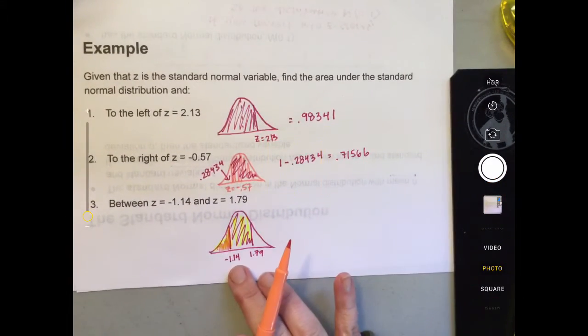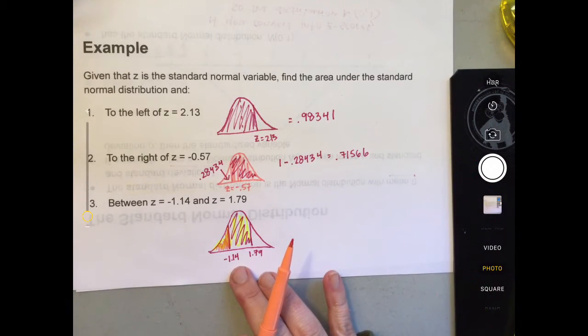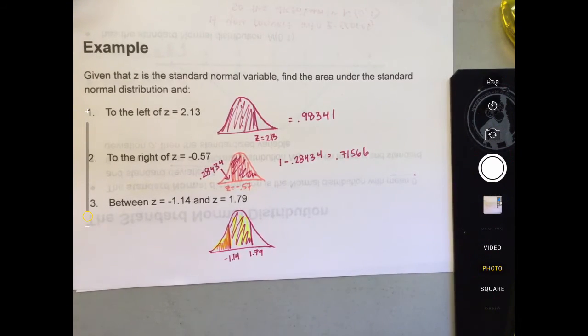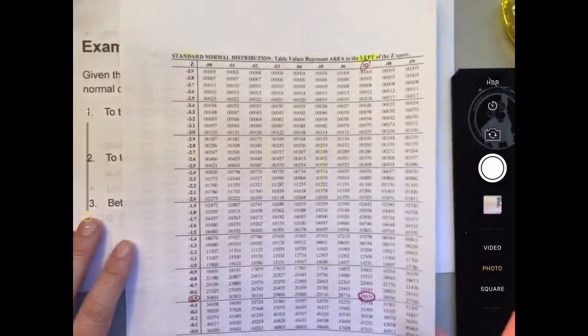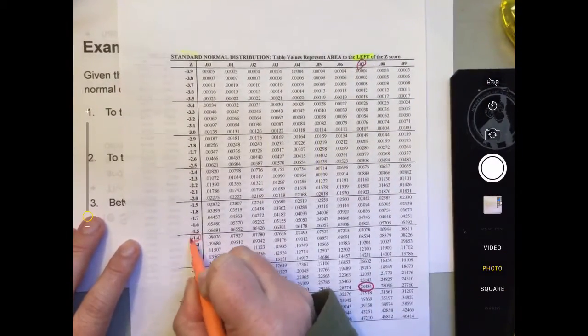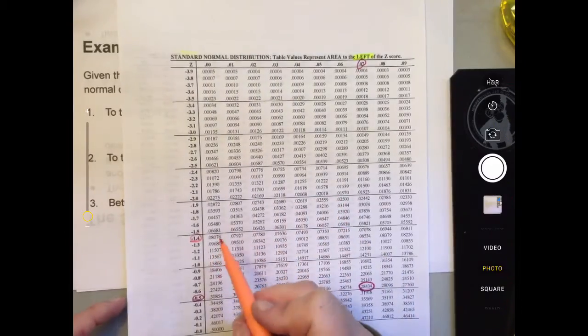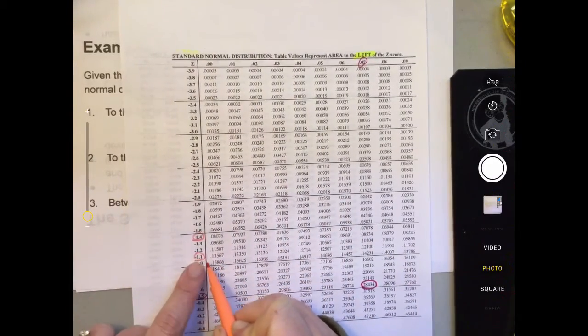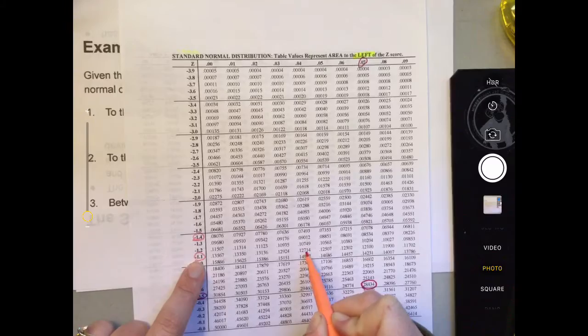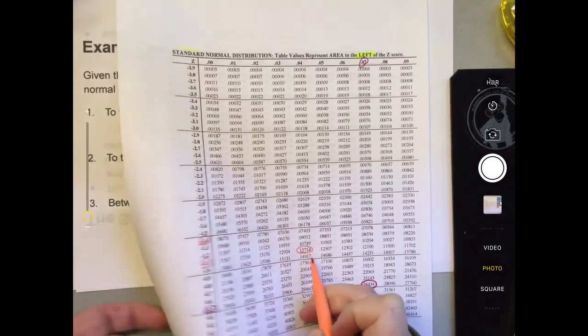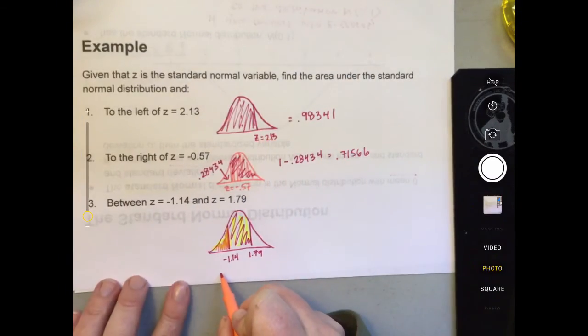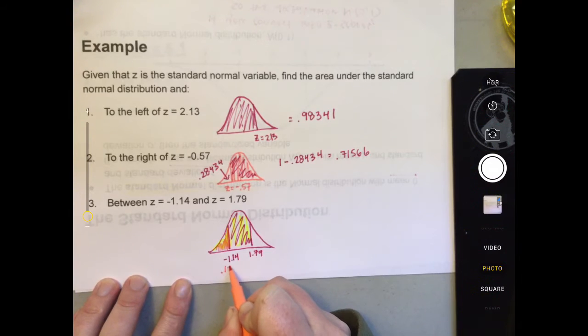So let's look on our chart. What is the area to the left of negative 1.14? So let's see, negative 1.1 right here, and then 4. Looks like the area to the left here is 0.12714.